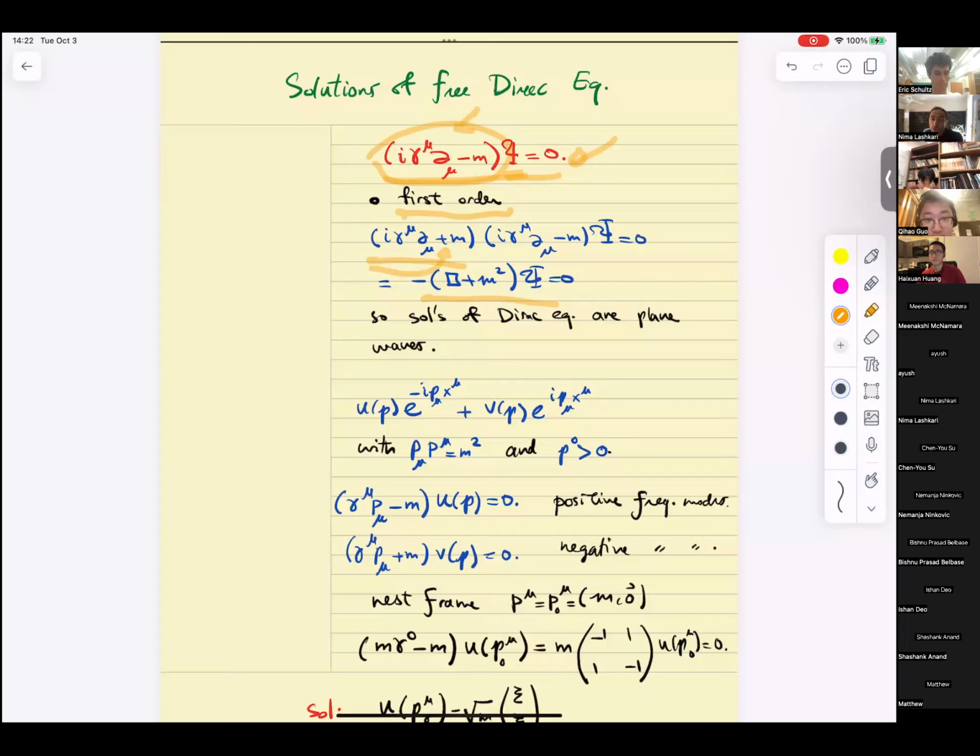So this tells you that plane waves that were solutions to this guy will also provide a very nice basis for solutions to this guy, solutions to the Dirac equation. But keep in mind that this is a matrix equation. These gamma mu's are 4 by 4 matrices. The solution to this is a 4 vector.